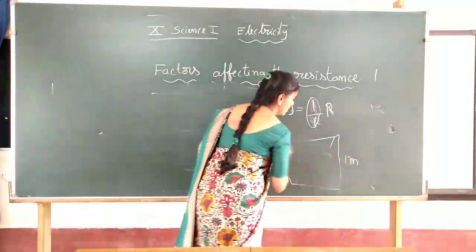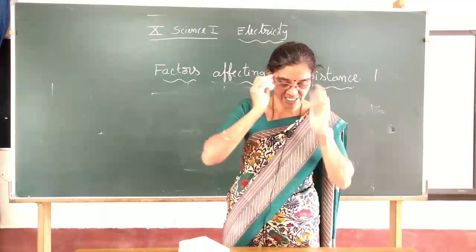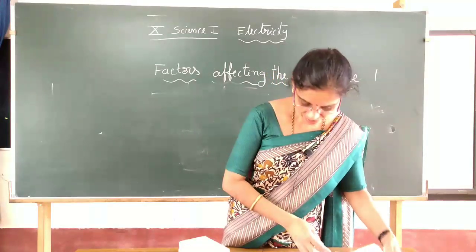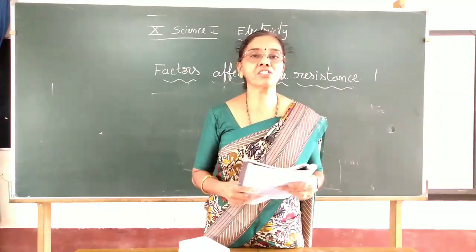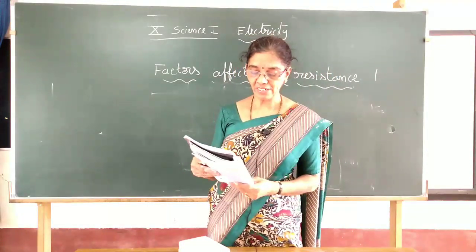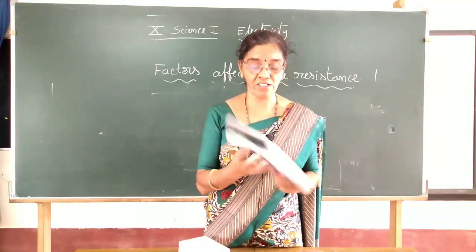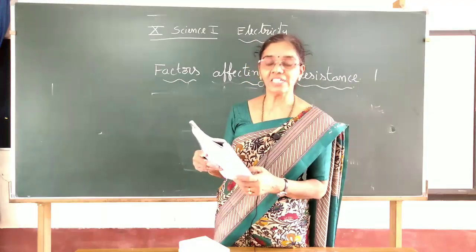Now, if you see the table in the textbook, it is on page number 101. In page number 101, children, in your textbook, if you observe, they have given the resistivity table. If you observe carefully, conductors that are metals are good conductors.